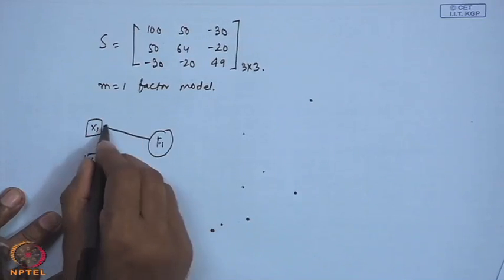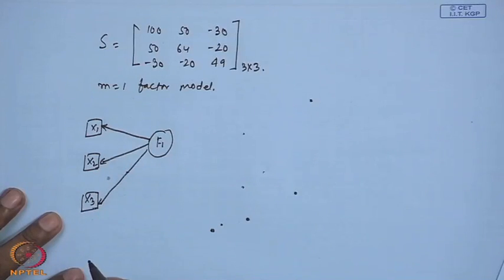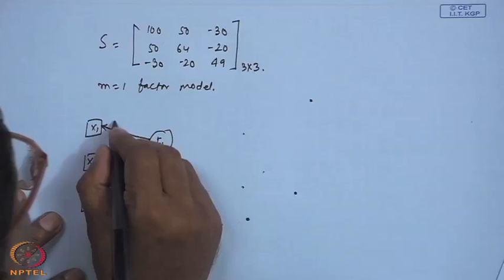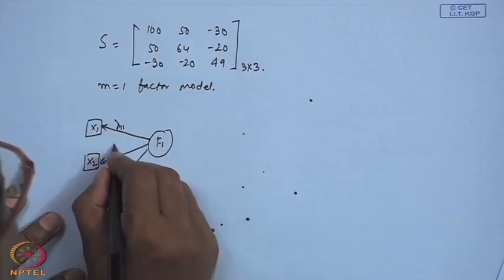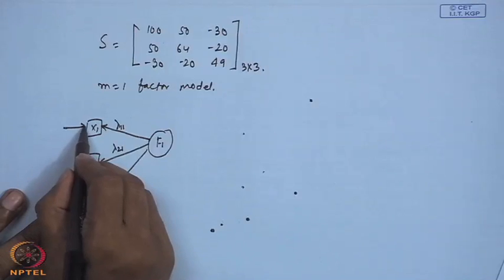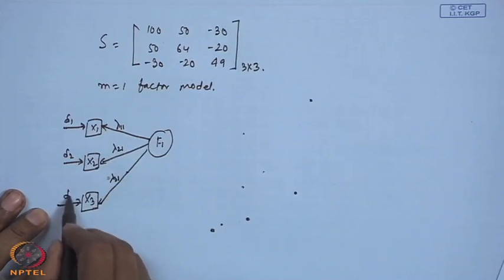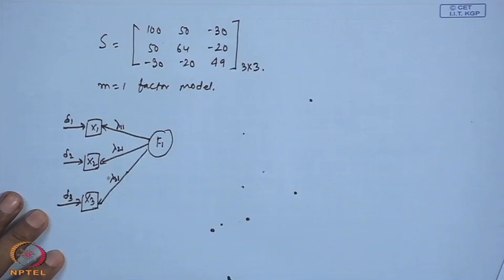I want to extract one factor out of these 3 variables, and I want to know lambda 1, lambda 2, lambda 3, and also delta 1, delta 2 and delta 3. Fine.